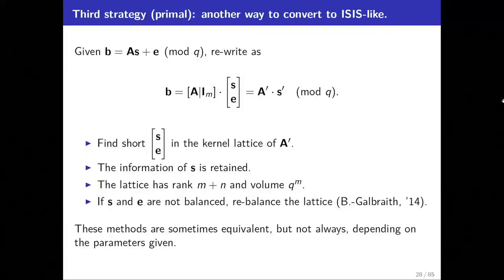For example, I rewrite this problem as this one, and now the new task is to find the short solution S and E in the kernel lattice of A prime.